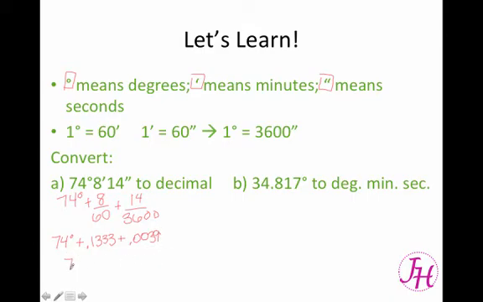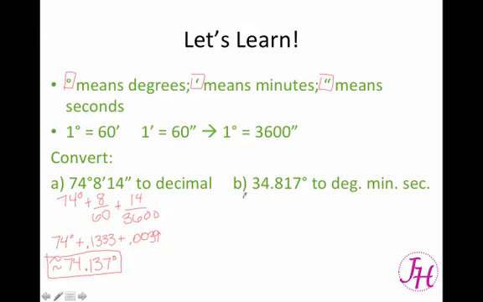So then we just add it all together, and we get approximately 74.137 degrees. And there you have converted degrees, minutes, and seconds to decimal degrees.